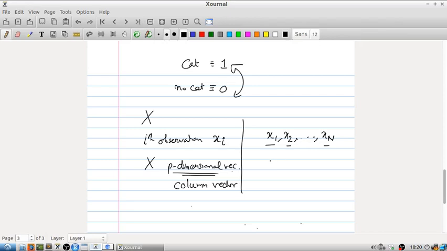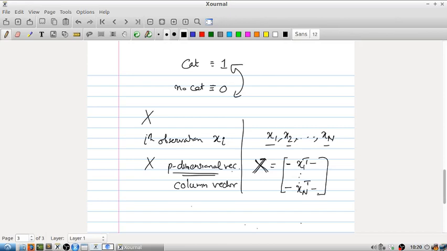Now I'm going to have another representation, which is this matrix X. It's a boldface X in the notes, but I can't write boldface, so I'm just putting a tag here. It's going to be x1 transpose, which is a row vector, down to xn transpose, also a row vector.